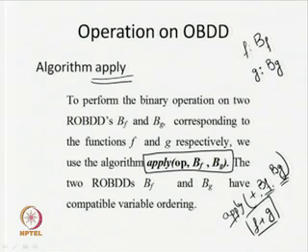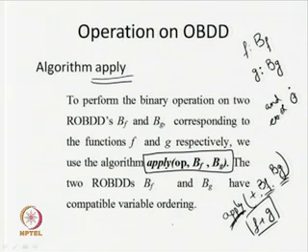We will use this apply algorithm to perform this particular addition or OR operation. Similarly, you can use an XOR operation like that. We can use any operator, and this apply algorithm is going to give us the BDD which represents this particular function f plus g or f dot g.